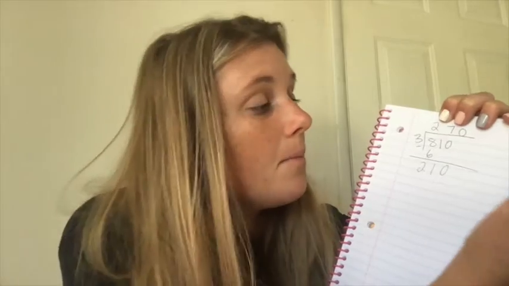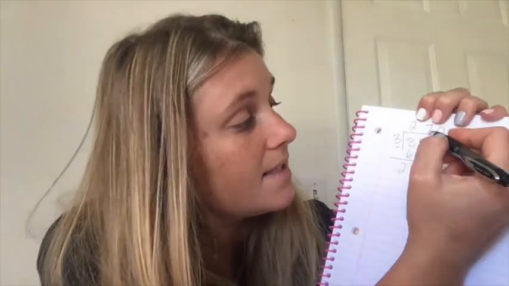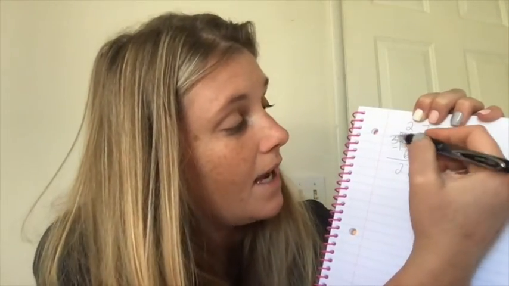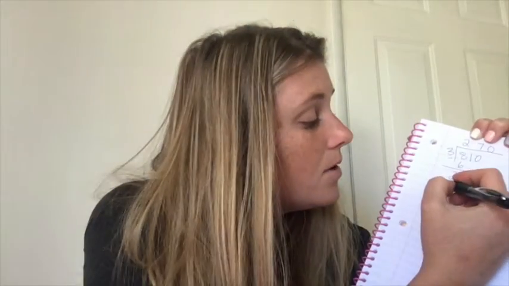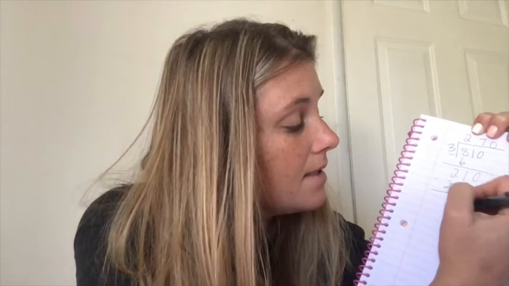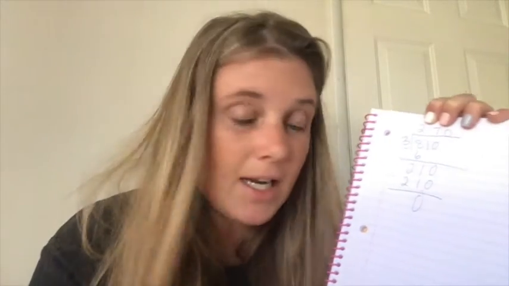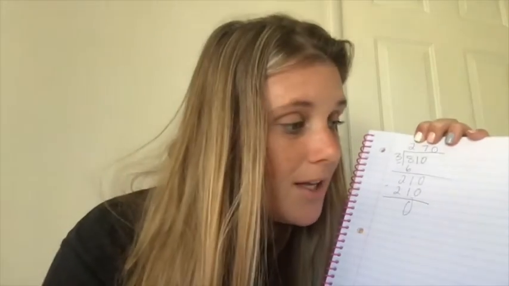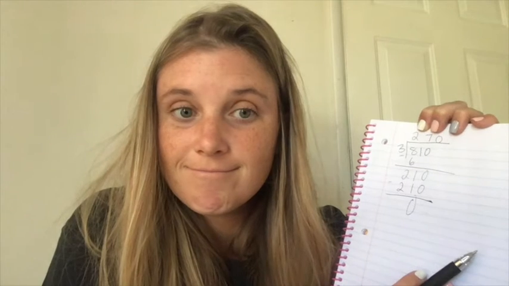What's the next step? Multiply. So 70 times 3 equals 210. Next step, subtract. We did it. Good. So 810 divided into 3 groups equals 270. Good job.